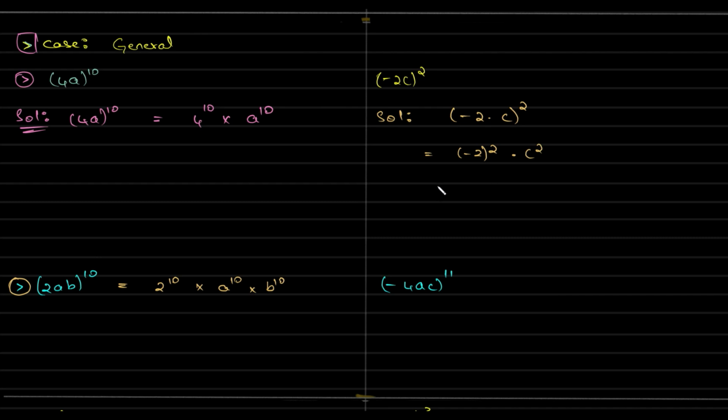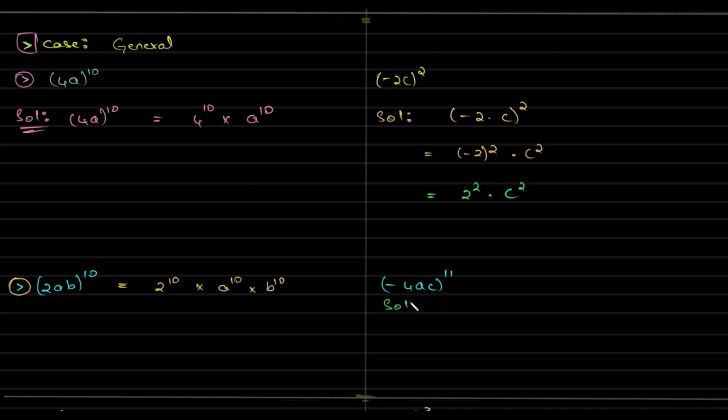I'll do one more step. It's quite simple. So again, it's better to handle negative as and when we get. So negative square will be positive, because negative multiplied 2 times is a positive term, we have 2 square into c square.